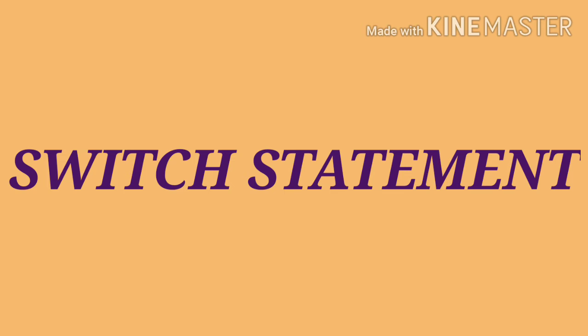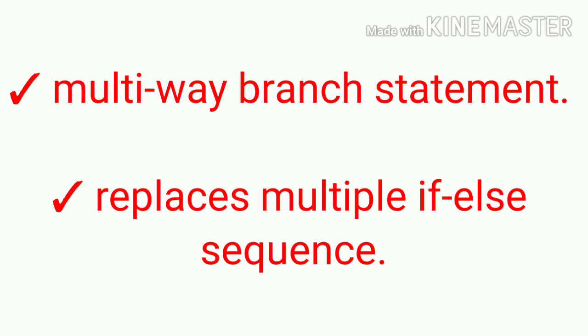The next concept is the switch statement. It is one of the multi-way branching statements. Just as the alternative to a simple if else statement is the conditional operator, the alternative to a multiple if else sequence is the switch statement, because in this statement multiple branching statements are there.